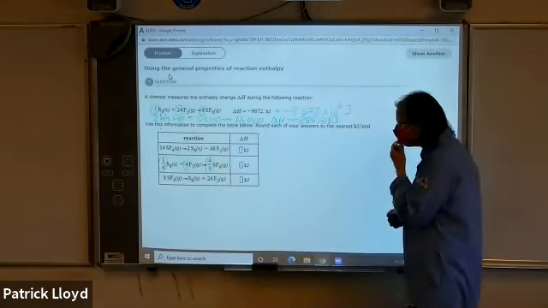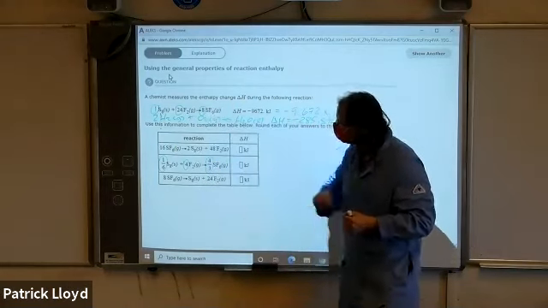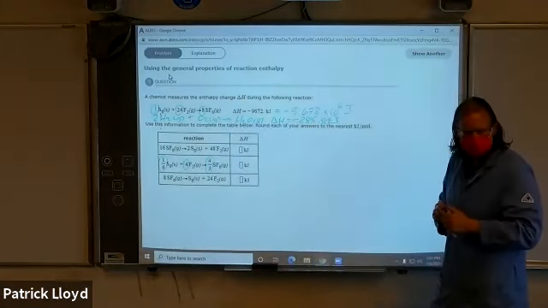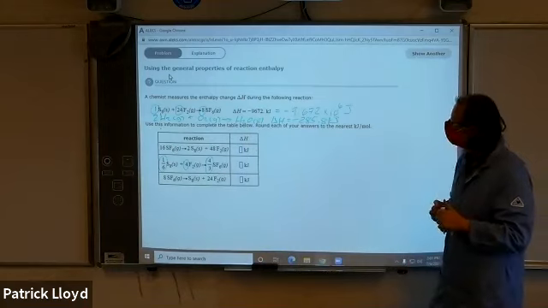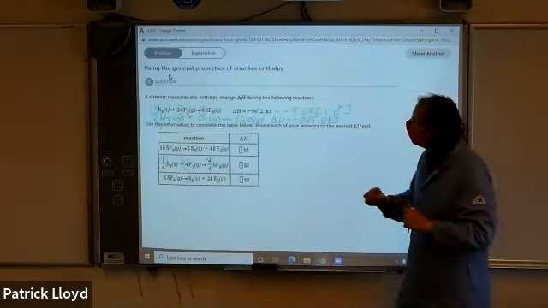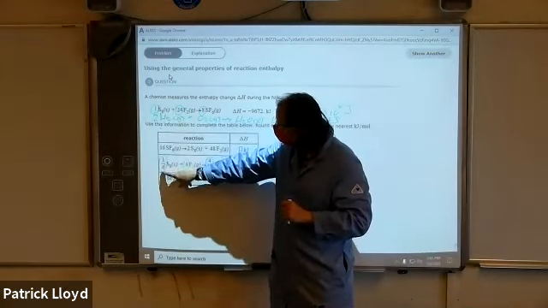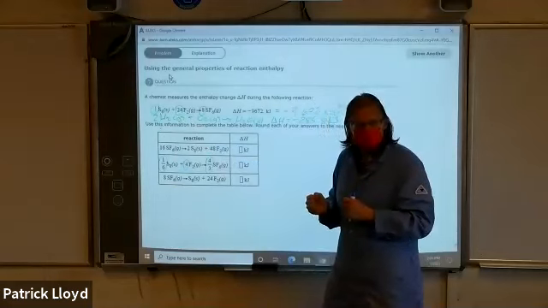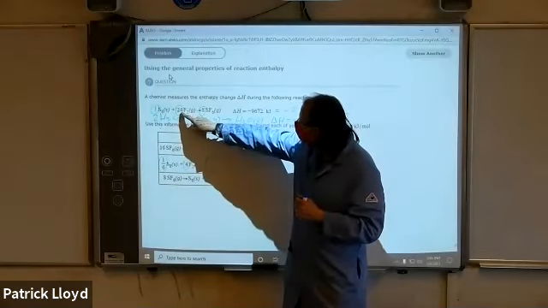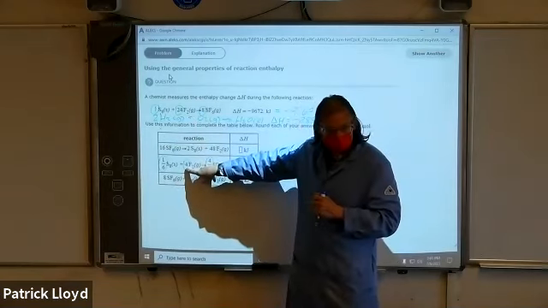So what happened? What did we do to get this equation from this one? Any ideas? Yeah, divide by 6, exactly, you got it. So if you take 1 and you divide it by 6, you get 1/6. If you take 24 and you divide it by 6, you get 4.